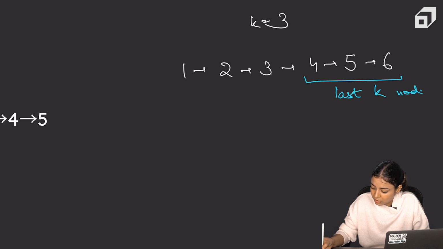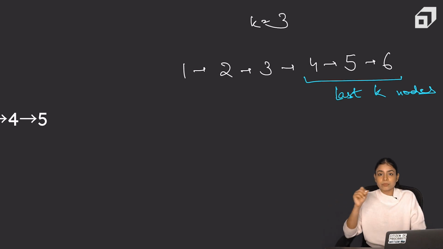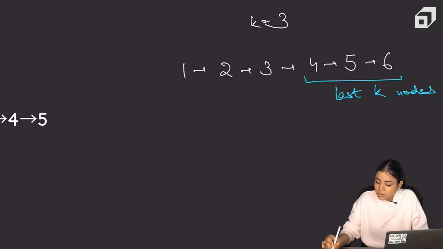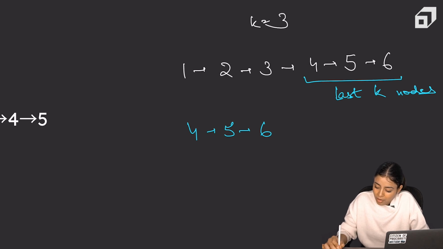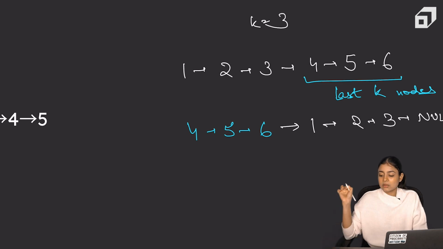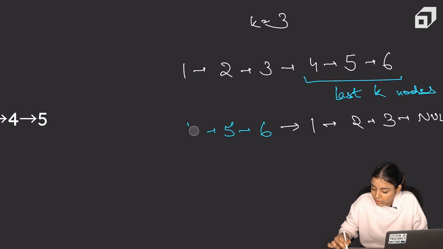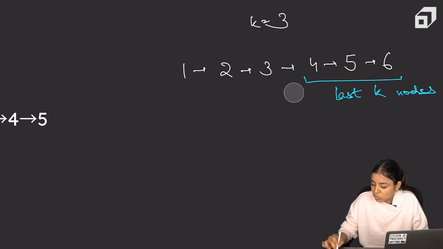The last k nodes will come in the front of my linked list. So if I move this to the front, that means 4, 5, 6. And then after 6, what will come? After 6, we'll start again from the head. So 1, 2 and 3. And after 3, I should have null. So we understand now what we are supposed to do.